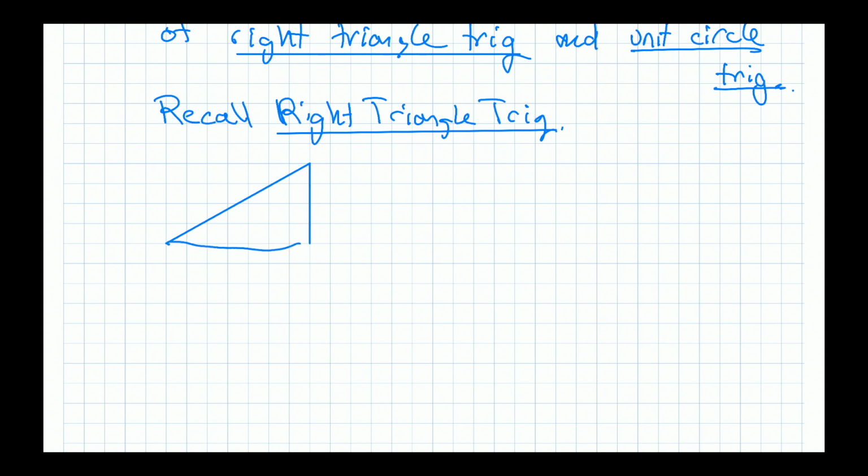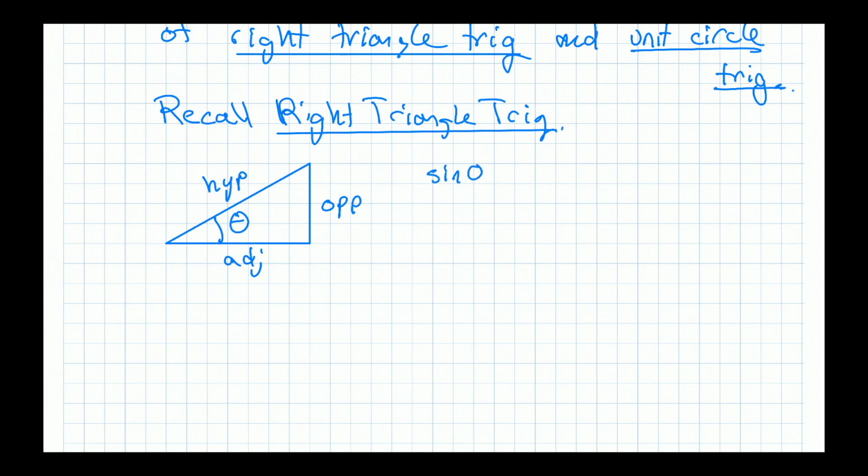If you have a right triangle like this one with angle theta, we labeled the sides: there was an opposite side, an adjacent side, and a hypotenuse. And then we had 6 trig functions.